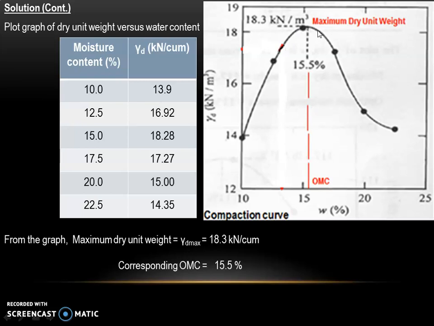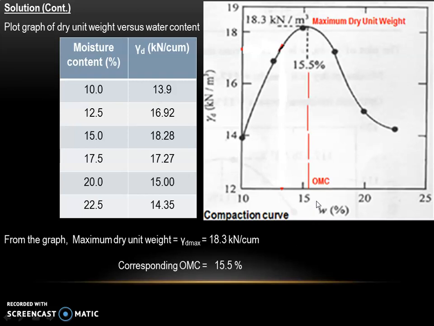Join all these points to get a compaction curve. And note down the value of the peak point, which is nothing but the maximum dry unit weight, and its value is 18.3 kilonewton per cubic meter. So 18.3 kilonewton per cubic meter is the maximum dry unit weight, that is gamma D max.